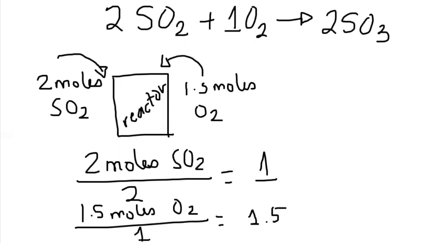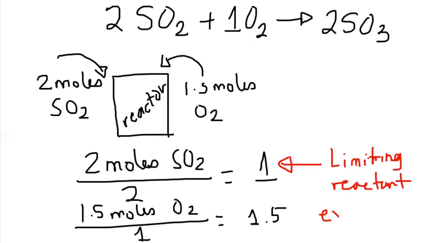The fact that this number is less for SO2 states that this is the limiting reactant, while the other is in excess. If these 2 numbers are exactly the same, then there is no limiting reactant and there is no excess. Everything is stoichiometric. But one has to be the limiting reactant, and it's determined by comparing the fed amount over the stoichiometric coefficient.